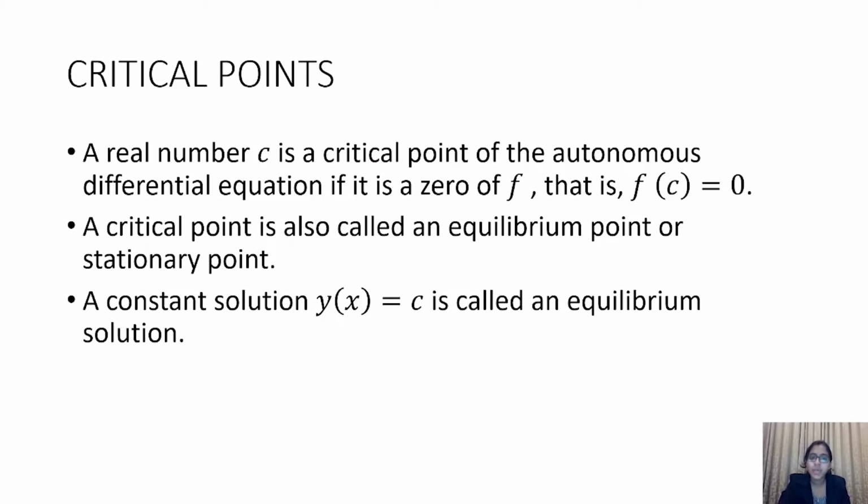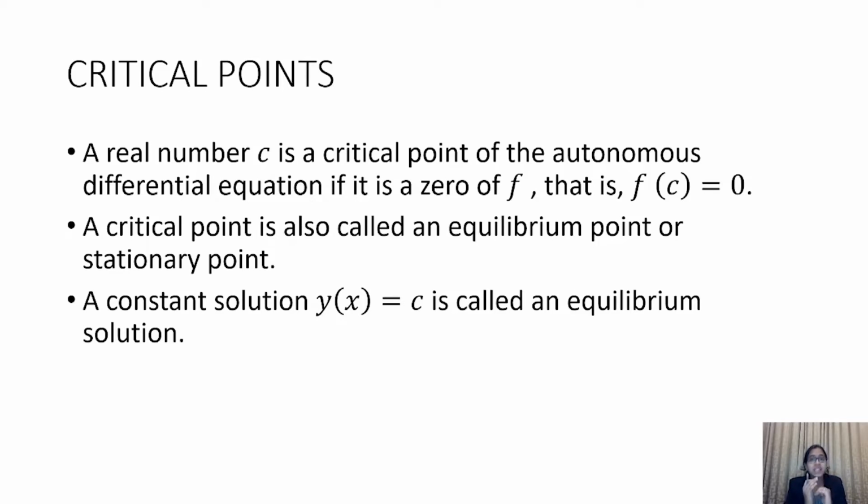This critical point is also sometimes called the equilibrium point or the stationary point. So the equilibrium point or the critical point is that point at which the function f becomes 0.